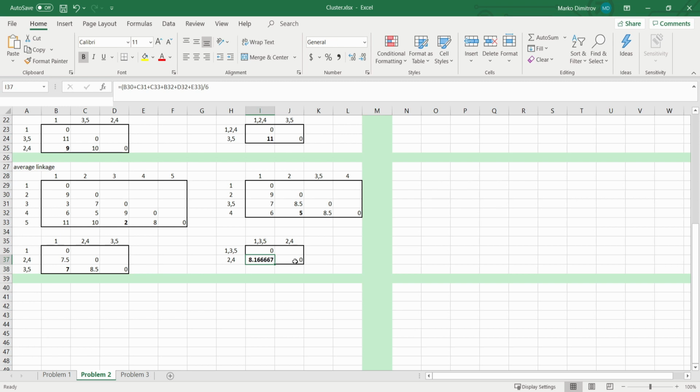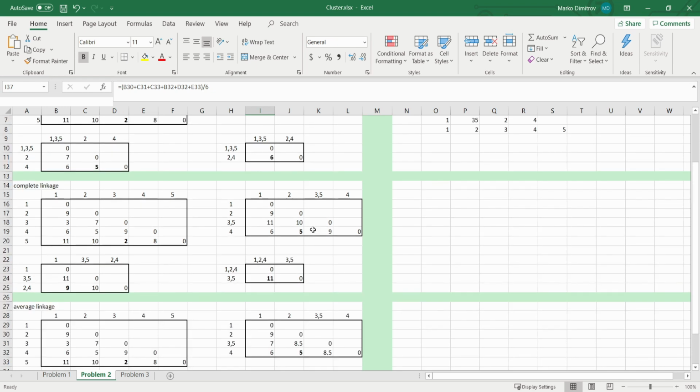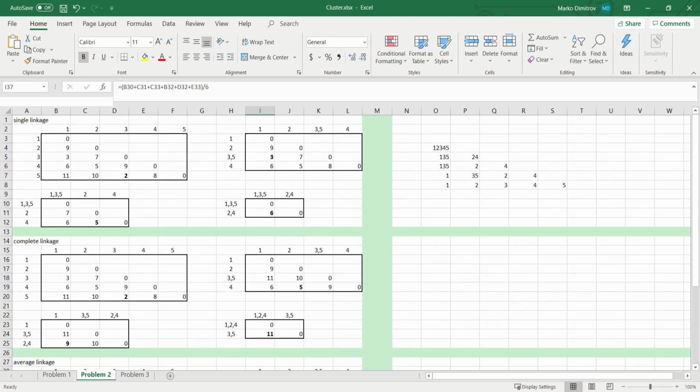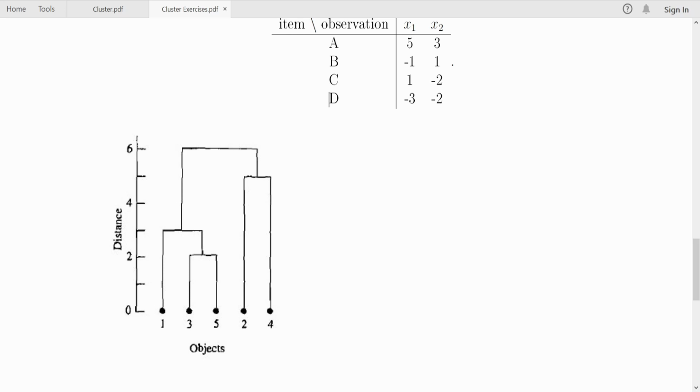In the same manner, using the distances and the way that you create clusters, you can create the dendrogram, which looks similar to this one. We first merge 3, 5, then we merge 2, 4, then 1 with 2, 4, and in the end we merge all of them.